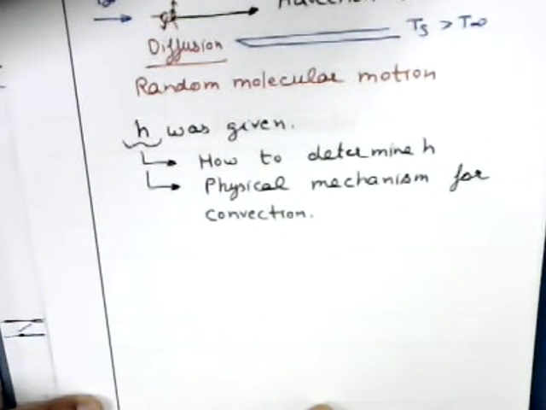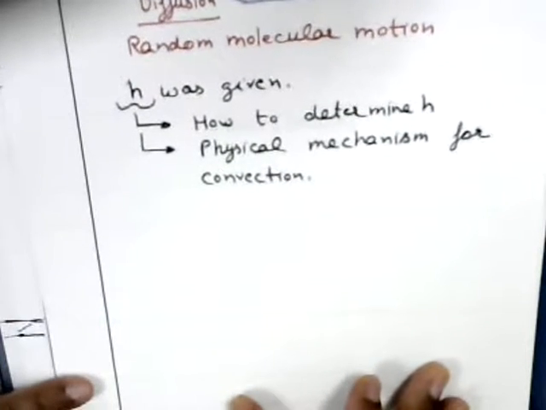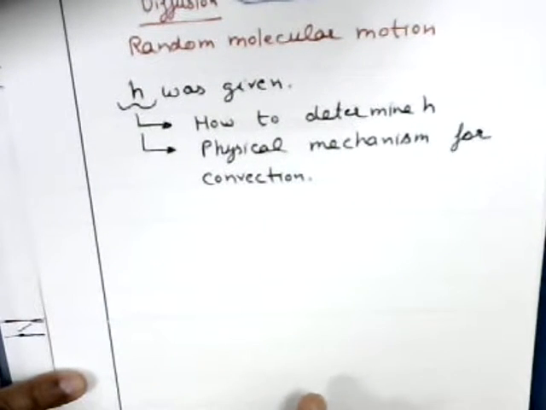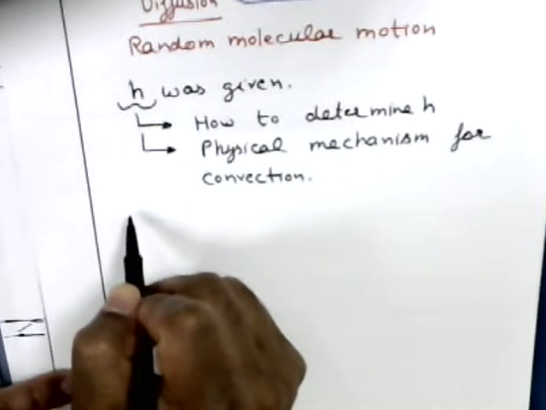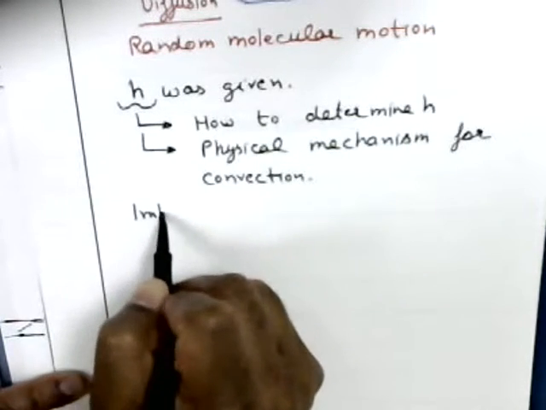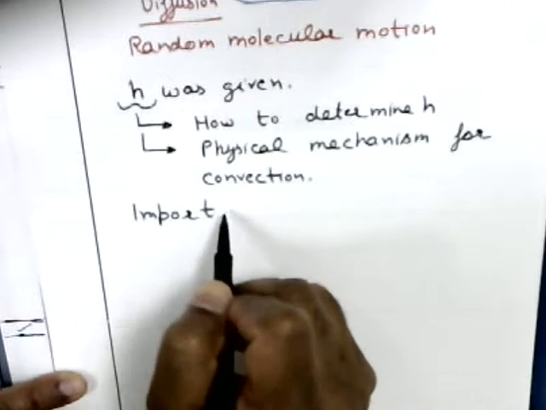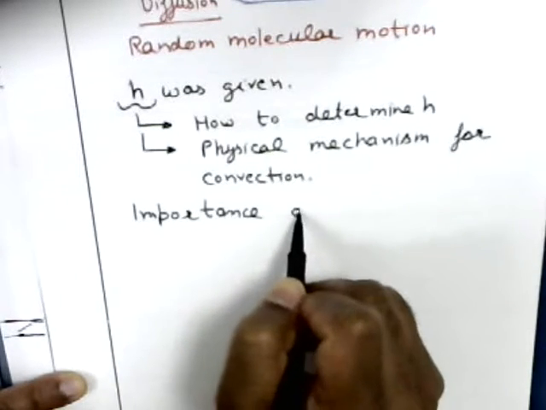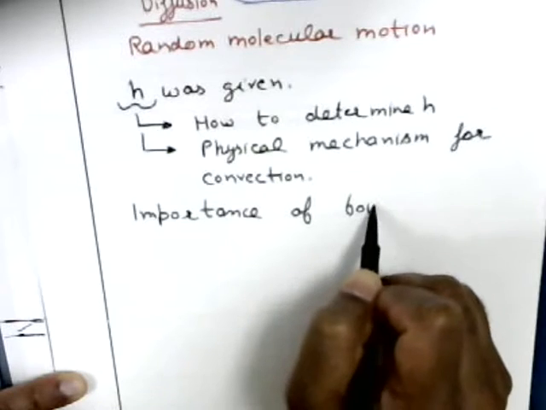Now when we say physical mechanism for convection, the most important thing is to recognize the importance of boundary layer. So first we'll talk about that. Importance of boundary layer.